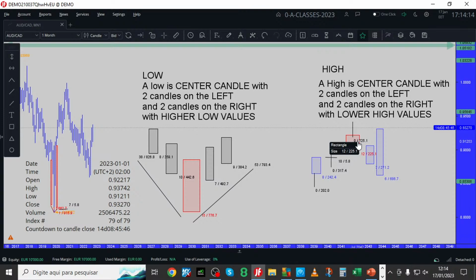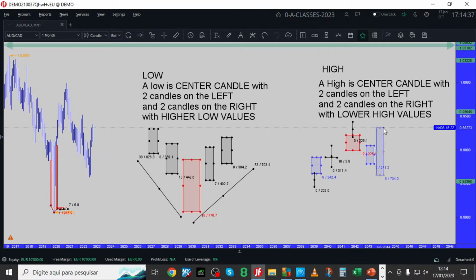They come in all different shapes, can have a small body, big body, long tail, small tails, tail on the upside, tail on the downside, doji, but it doesn't change the fact that in order to be a high, it must have two candles on the left and two candles on the right with lower high values.